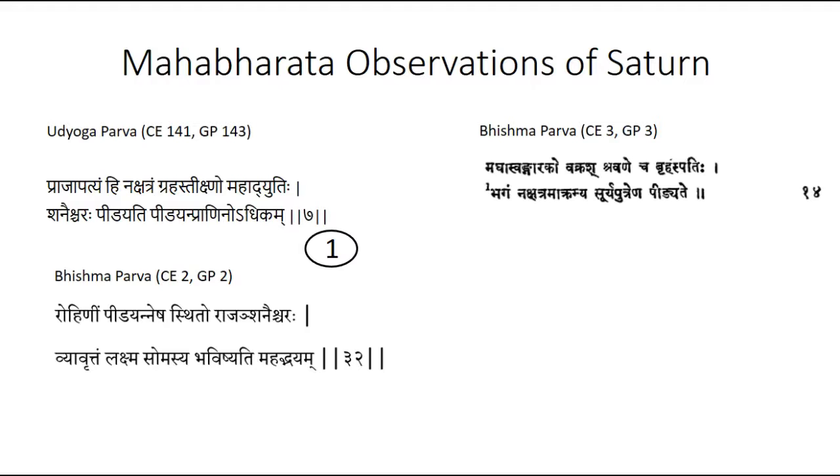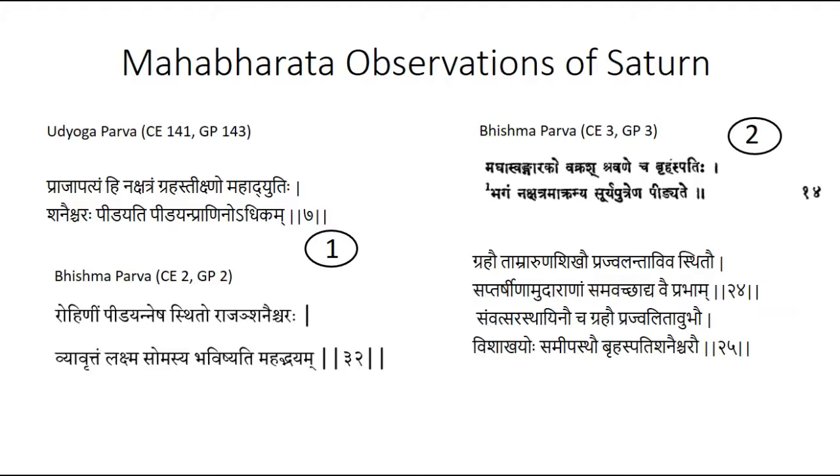So in this shlok, Surya Putra or Ravi Putra refers to son of Ravi, son of Surya, and again that refers to Saturn. So what this shlok is saying is Saturn is also afflicting nakshatra bhaga, which means either Uttara Falguni or Purva Falguni. So this is our second reference.